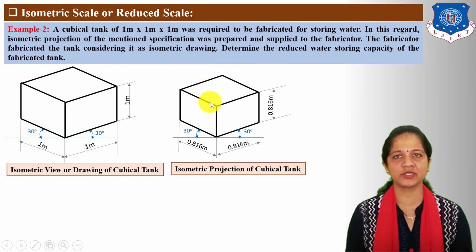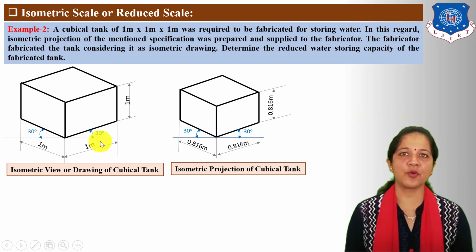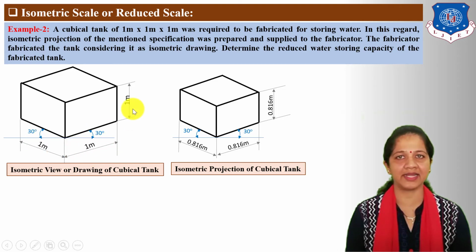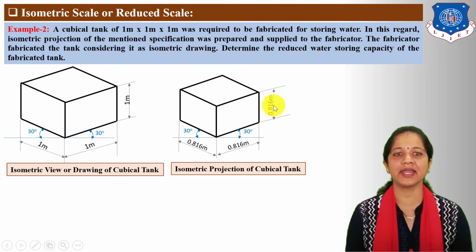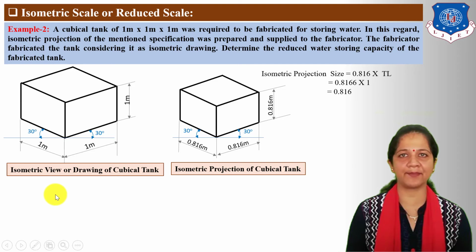In isometric projection, true size is reduced by 0.816. So, 1 meter length, width and height is reduced by 0.816 meter length, 0.816 meter width and 0.816 meter height. Next, find out storing capacity for isometric view or drawing of cubical tank.